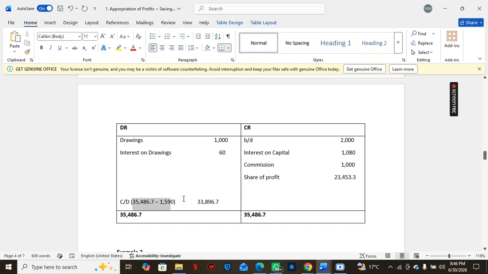Okay, so we find out now the total debit and credit.